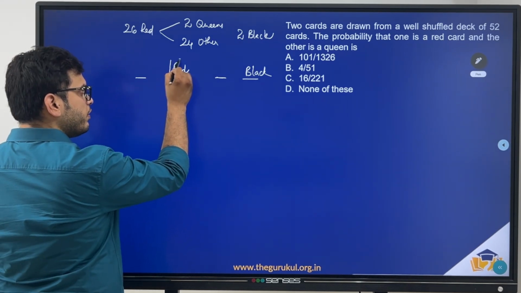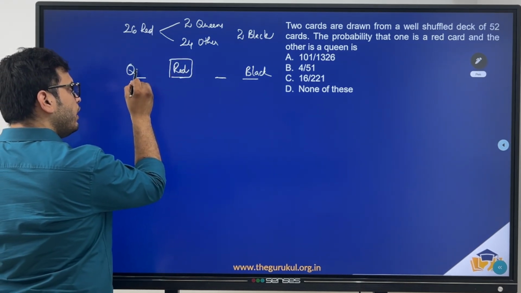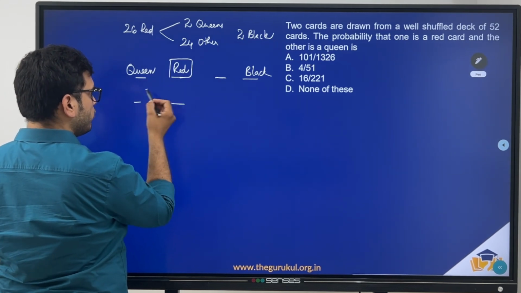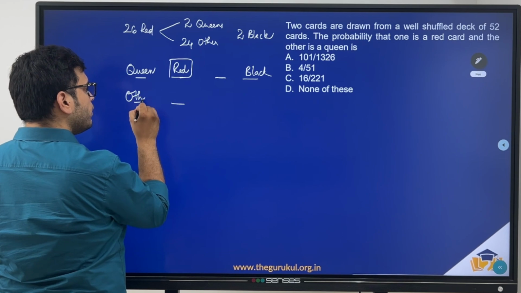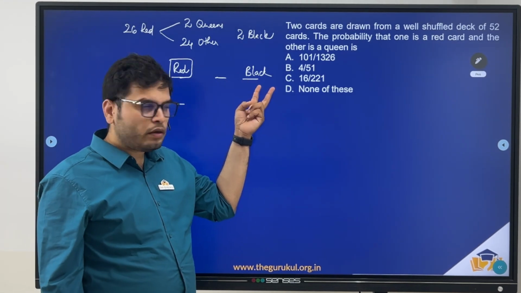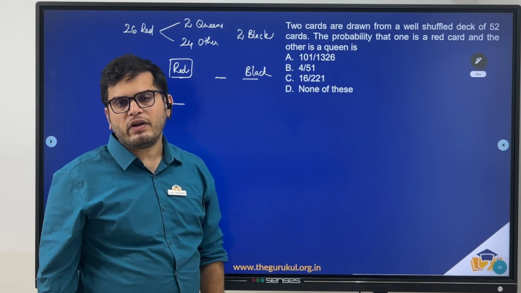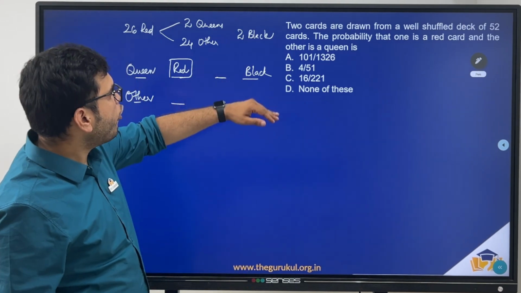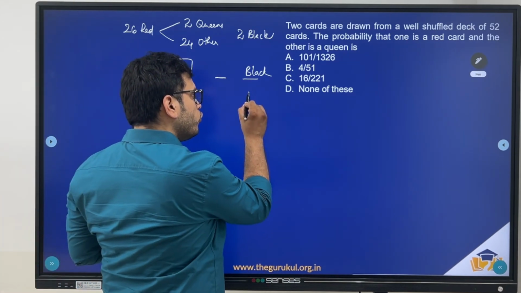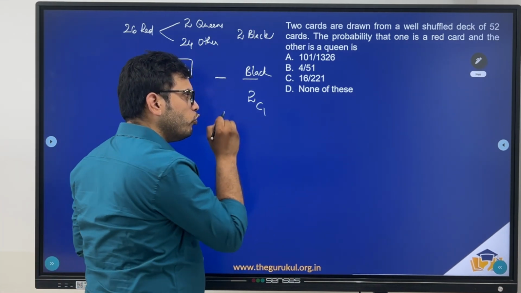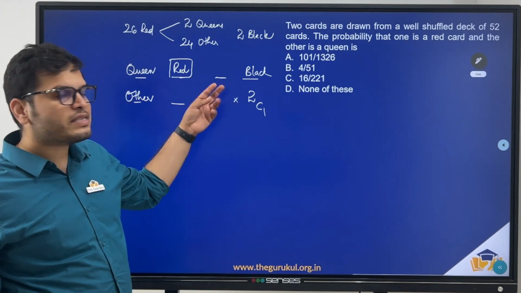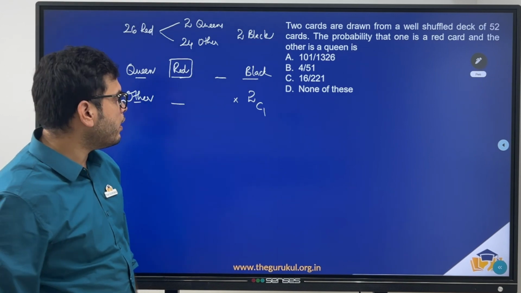Now, if this is a red queen, now this could be a queen or this could be any other card, right? Now, if we have a black queen here, now this can be any of those 26 red cards, right? Now, how many black queens do we have? 2, right? Now, from those 2, we need to select one. That could be done in 2C1 ways, right? If that's the case, this can be any of those 26 red cards.